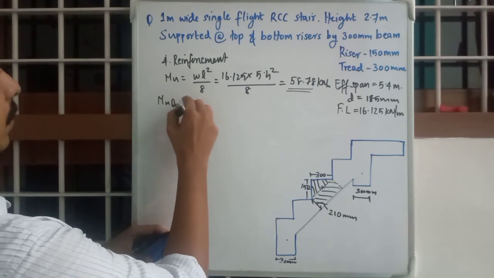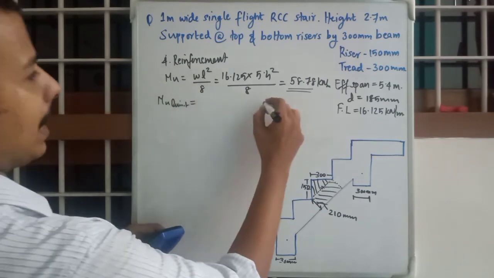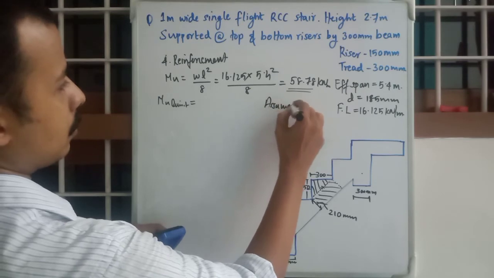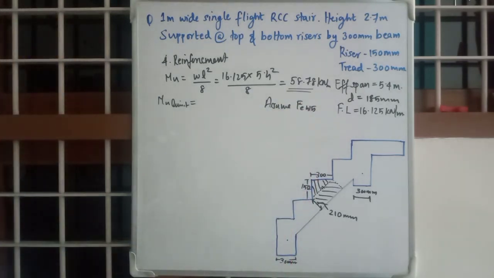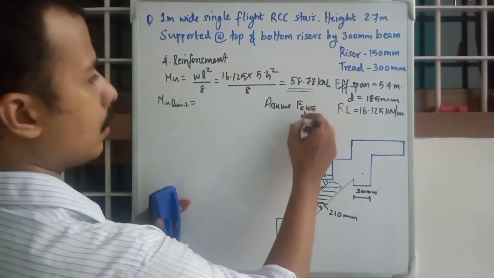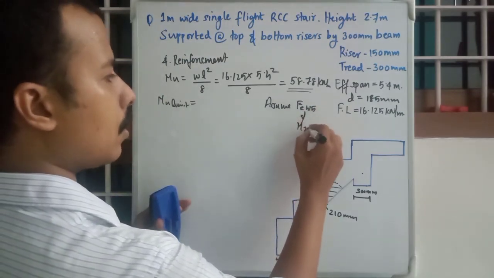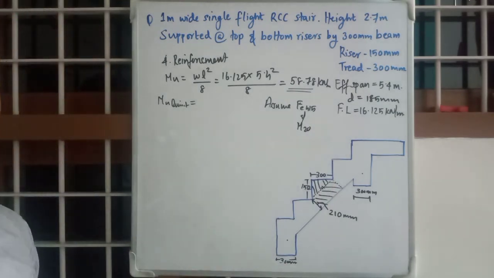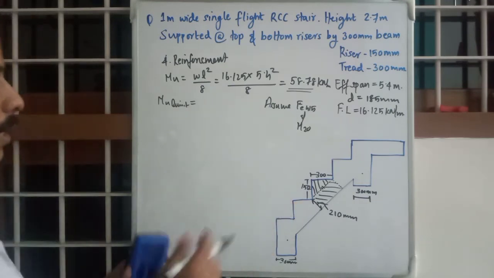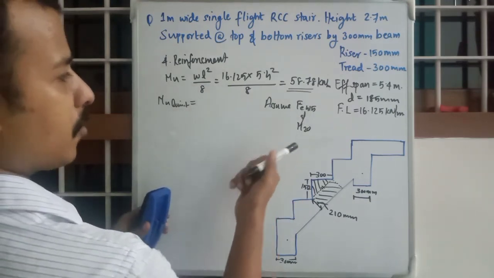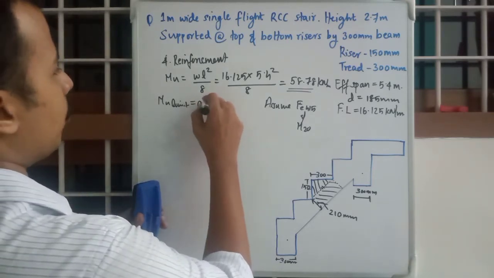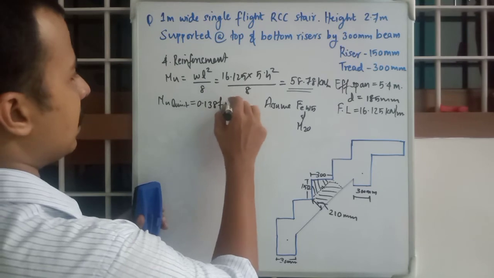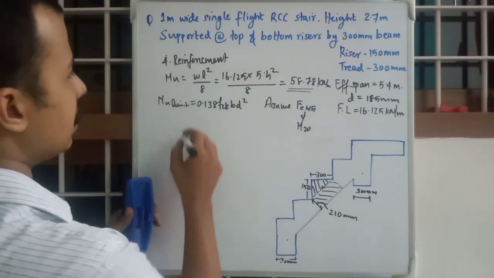Mu limit is equal to, assuming Fy 450. Obviously you will have to assume concrete grades and steel grades. So assuming Fy 450 and M20 grade concrete, 0.138 fck bd square will be the Mu limit.